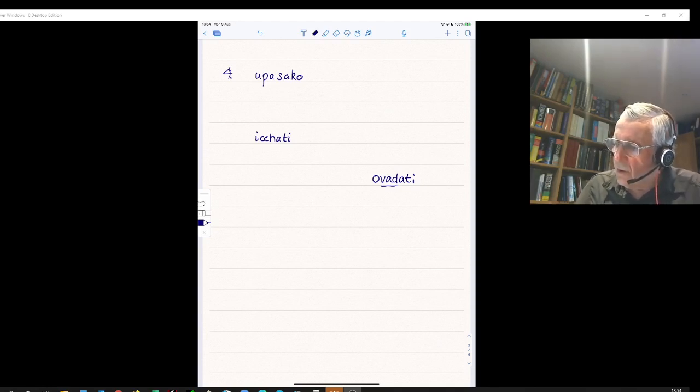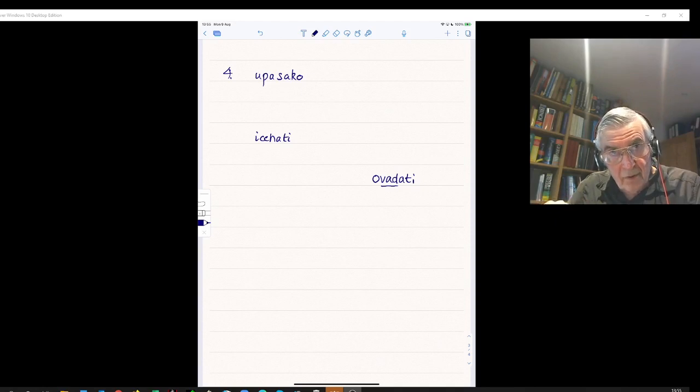So to instruct, uvaditum, with that link vowel e, uvaditum. He wants to instruct whom? The sons. So to instruct the sons, the verb uvadati takes the direct object. To instruct the son in the singular would be puttam uvaditum.